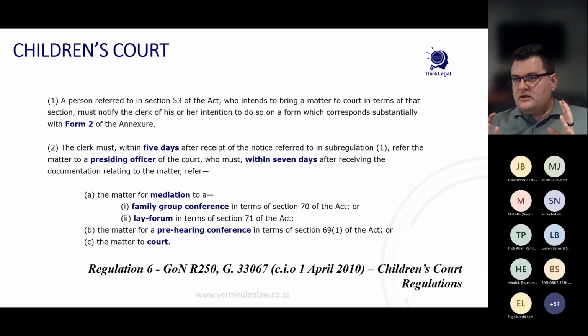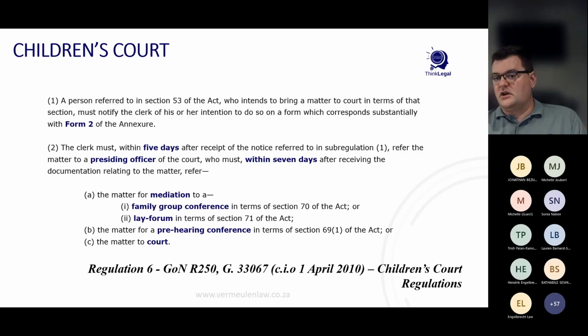So in essence, the regulations envisage a situation where there are severe time limits, and in essence, within 12 days of having referred the matter on a Form 2, obviously unless it is an urgent matter which needs to be dealt with earlier, that Form 2 with the supporting evidence and/or the affidavit goes to the magistrate.